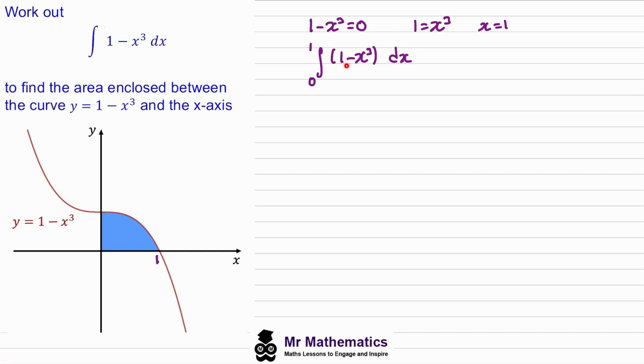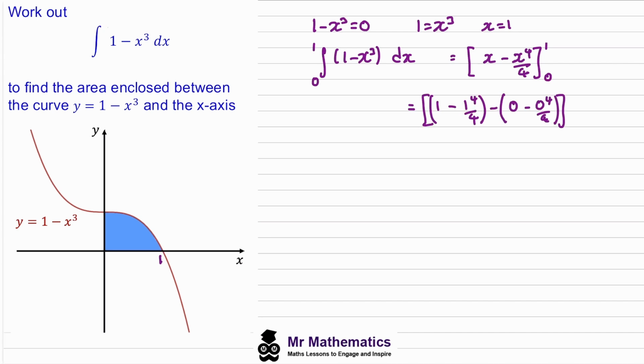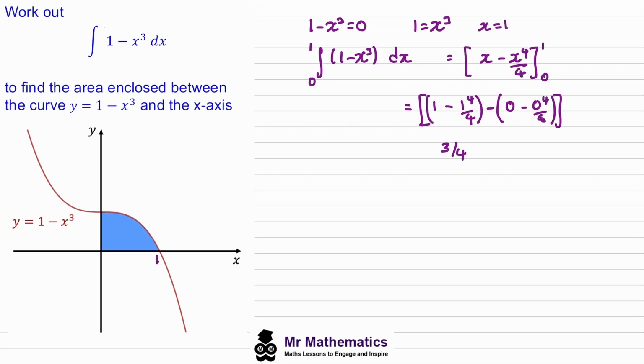We'll integrate the 1 minus x cubed. This will give us x minus x to the 4 over 4 between the limits of 1 to 0, and then we'll substitute in each of these limits. We'll have 1 take away a quarter minus the 0, so the shaded area will be 3/4 of a unit squared.